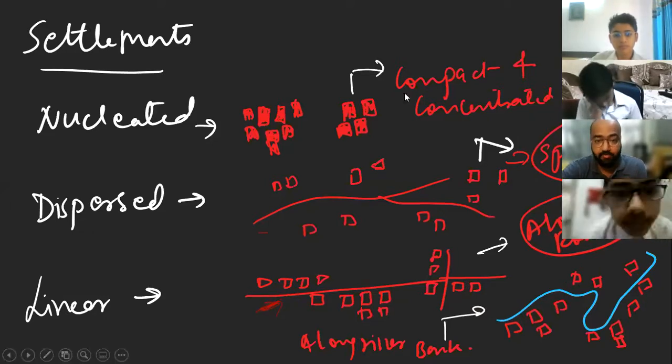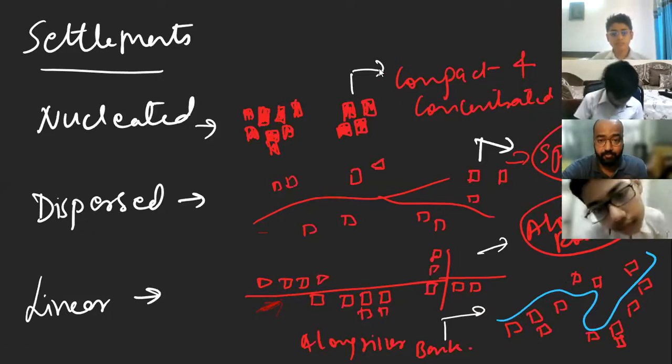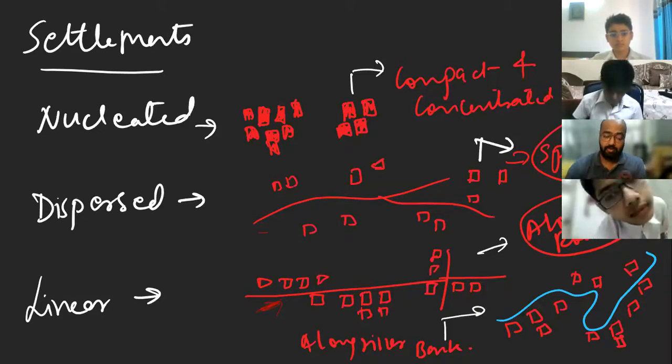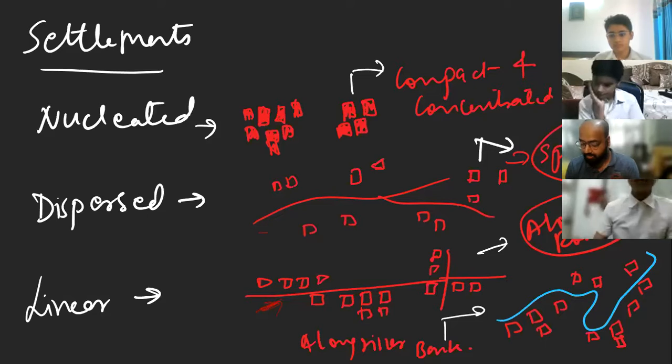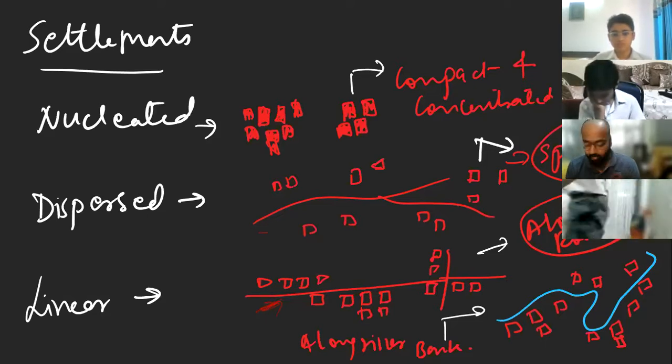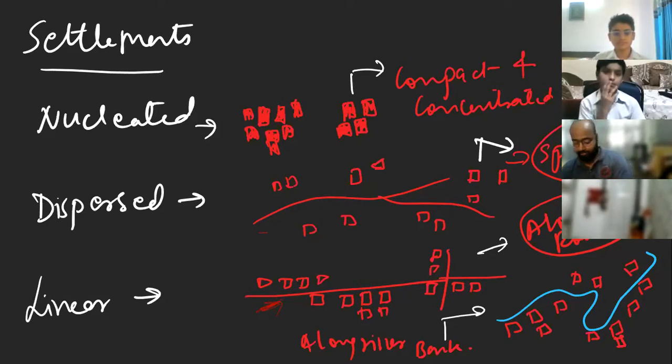So this is linear settlement. It says that in this type of settlement, houses are usually stretched out along a local main road, river bank or railway line. It may also occur along valleys and coast also. Coastal areas, along them also these houses are built. So these are known as linear settlements.